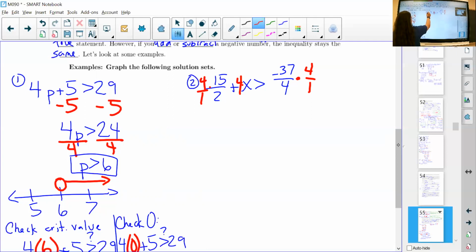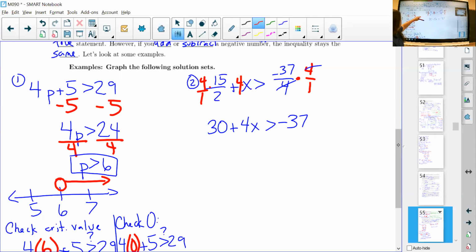These can simplify a little bit, so I get 30 plus 4x. Then I'm going to say that that is greater than, I didn't multiply by a negative, so I can still do that, negative 37. Notice it's negative 37, but the multiplication was by a positive number. The sign stays the same.